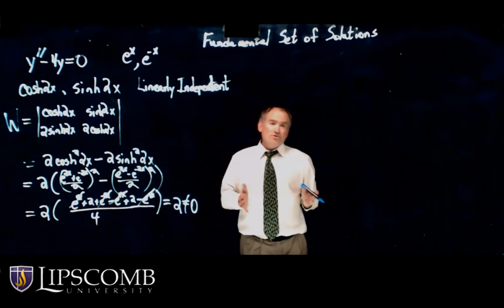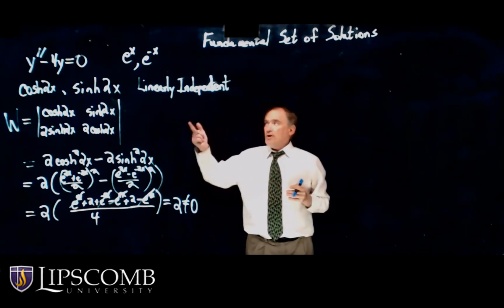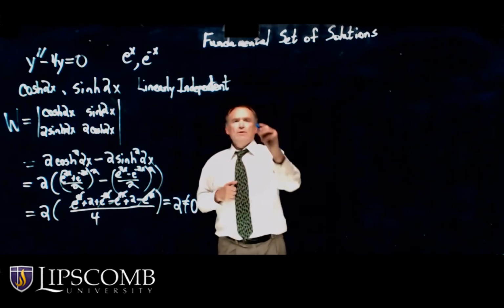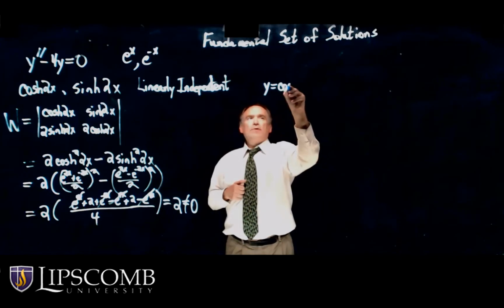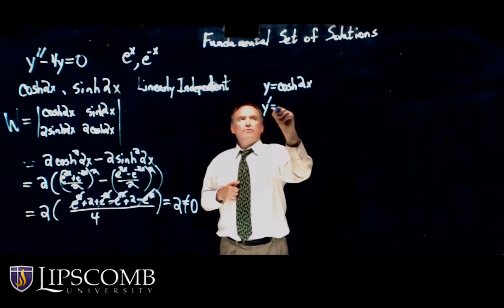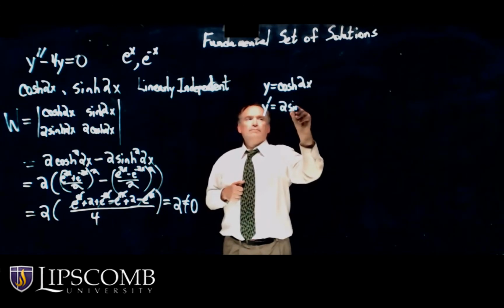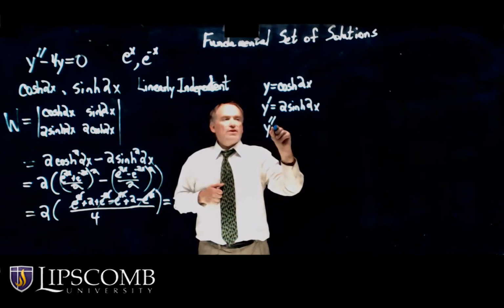Part number 2 is to show they're actually solutions. So I plug each one in. Let's choose y equal to hyperbolic cosine of 2x. So the first thing I do is take the first derivative. The second thing I do is take the second derivative.